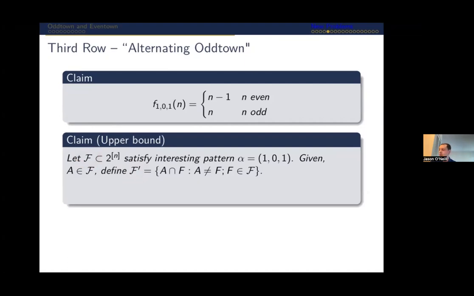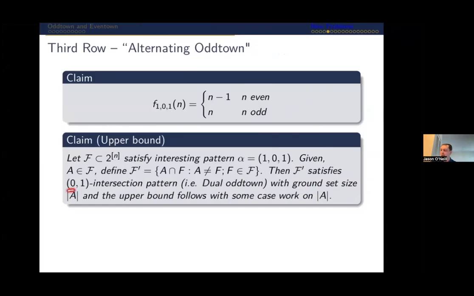And therefore, the pairwise intersections from F prime are going to have an odd number of elements. So this new F prime is going to satisfy the 0, 1 intersection pattern, which is the dual oddtown we talked about. And if you remember, for dual oddtown the answer was either the ground set or the ground set minus 1. So one way we get an improvement here is that the ground set now is the size of the set A.